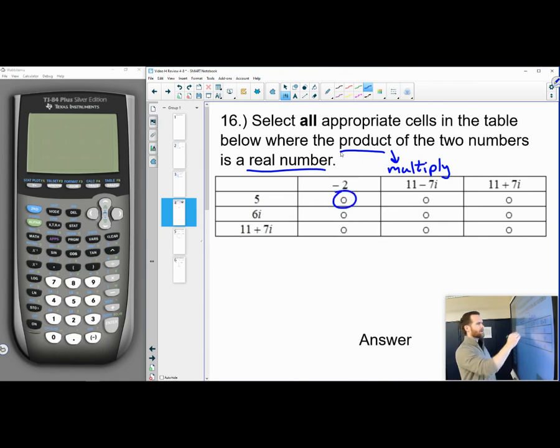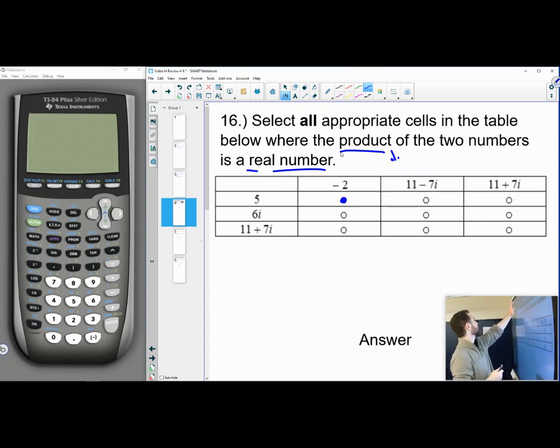All right, so this one would be 5 times negative 2. Well, 5 times negative 2 is just negative 10. That's definitely a real number, so we can check this one off. And then 5 times the 11 minus 7i, there we would have to distribute. Let me show my work down here.